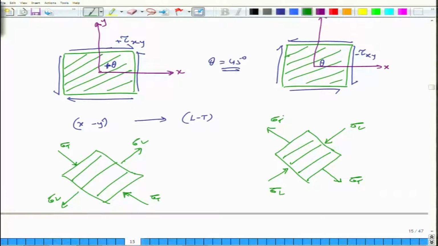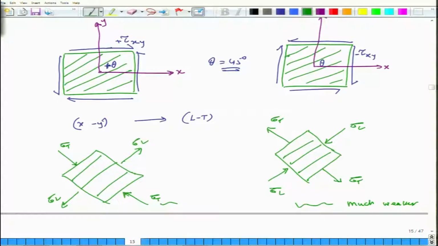Now, clearly in the second case the composite will fail early, because the composite is extremely weak in the transverse tensile direction. If you subject a composite to tensile forces in the transverse direction, it fails at a very early stage. So, this is much weaker relative to the first case.